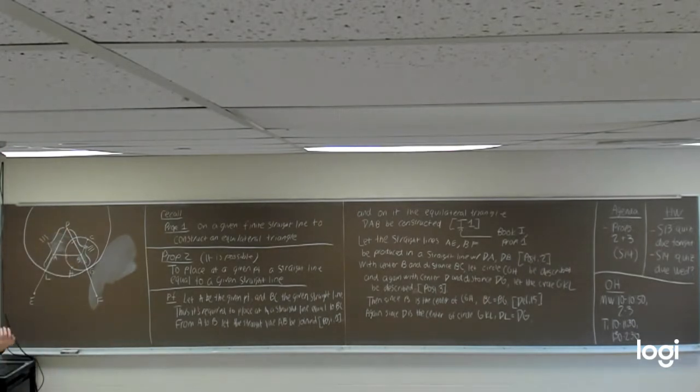And now, here's the kicker. We know the length of the segment from D to L is equal to the length of the segment from D all the way down to G. We also know that the length of the segment from D to A is going to be equal to the length of the segment from D to B. We're going to be able to use our common notion about remainders, common notion 3, to compare two other line segments then.